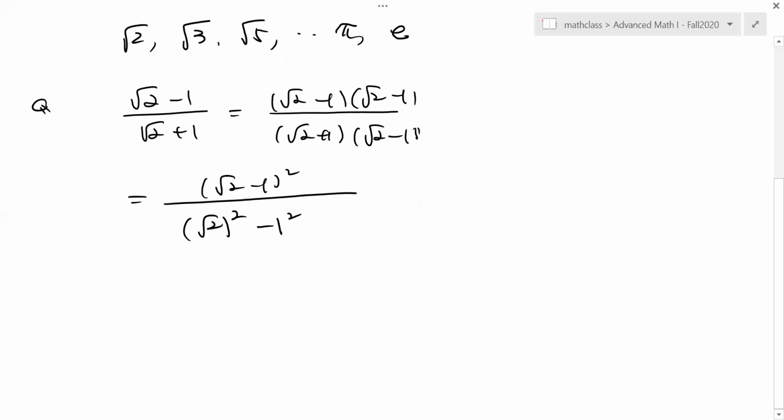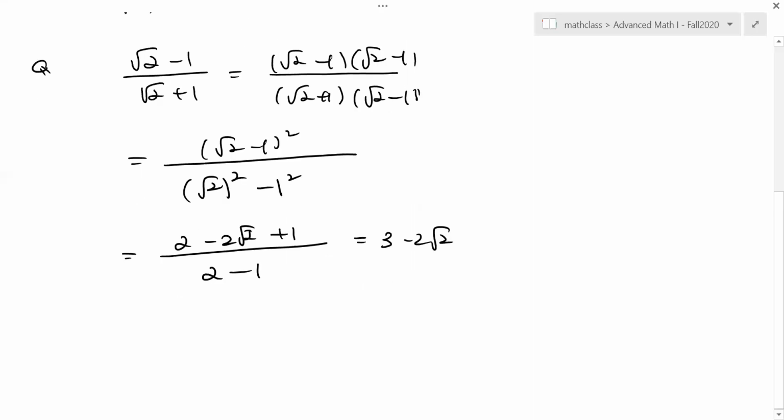Square root 2 squared is 2, minus 2 square root 2, plus 1 squared. So the denominator is 1, and the numerator is 3 minus 2 square root 2. You see, you can change it to this form.